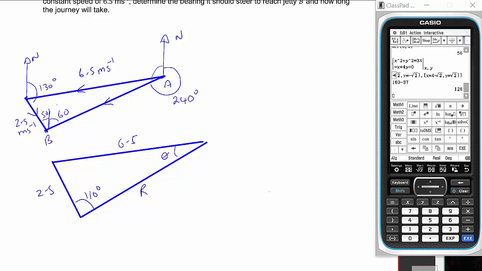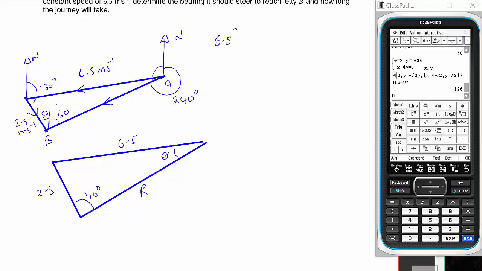So, to find R squared, can we use the cosine rule? Let's just have a look. So yeah, we'd need to use the cosine rule.